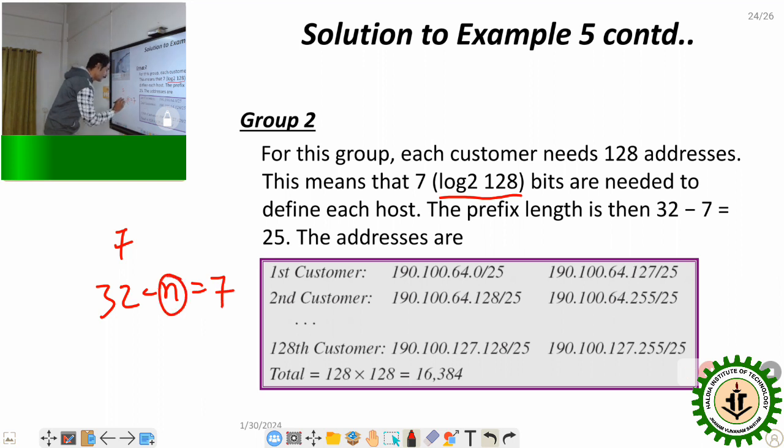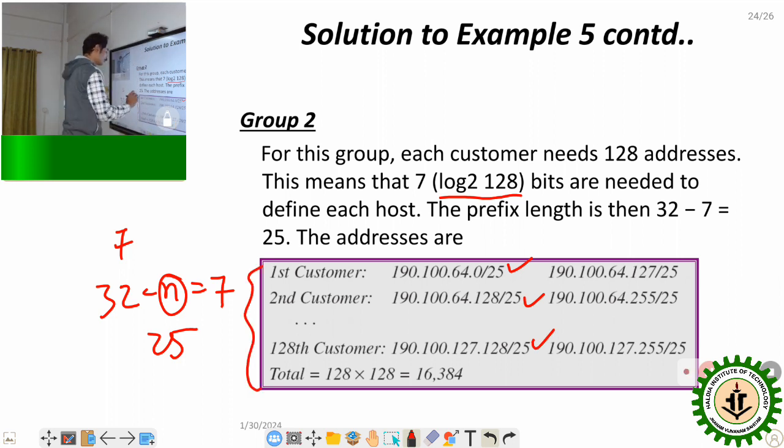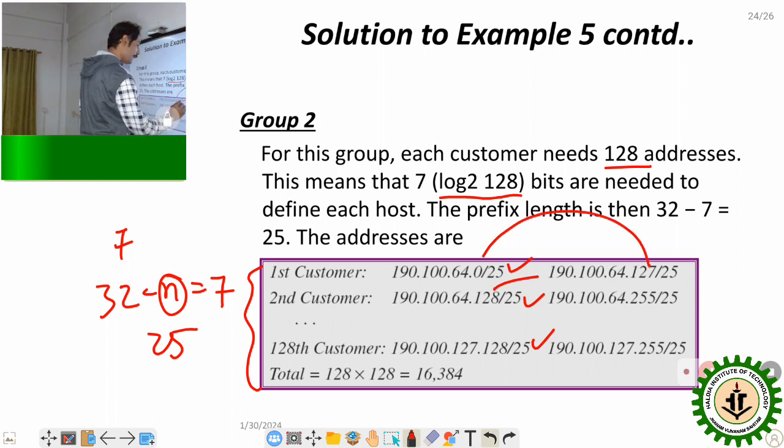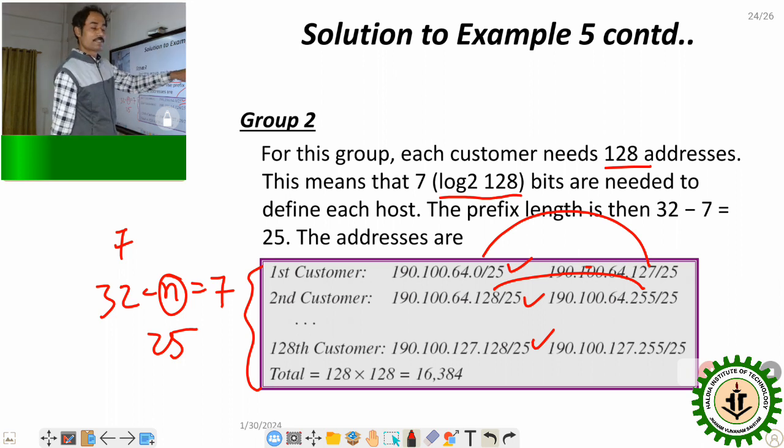So what should be the n value? Definitely it should be 25. So in this way we are getting 25, and the mask should be 25 for all the customers. That is, from the first customer up to the 128th customer, and each customer will have 128 addresses. So 0 to 127. Again you consider 128 to 255, another 128. So in this way we are getting all the customers and their required number of IP addresses.